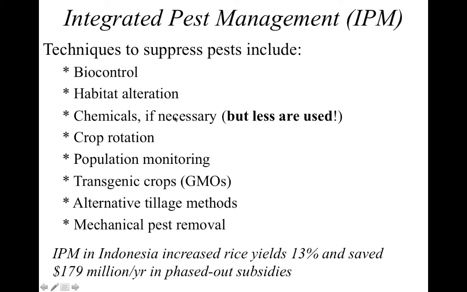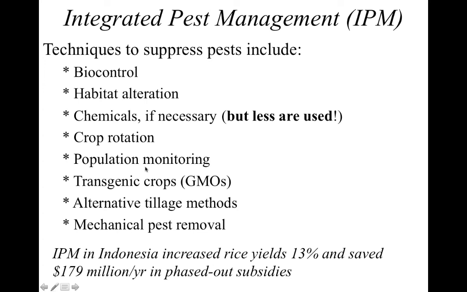Habitat alteration. Chemical pesticides are still used if they're necessary, but the good thing is that it greatly reduces the amount that you need. Crop rotation, so you're not going to get the same crop in the field every year, you won't get the same insects, where the population of the insects would get bigger and bigger every year.